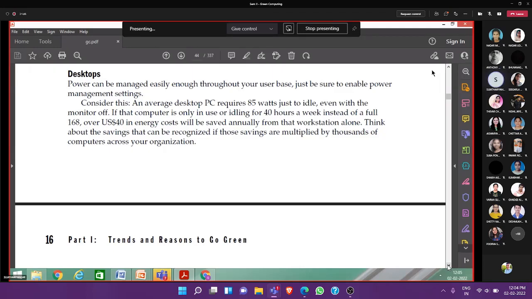So what they are saying is, just for idling the PCs, it takes 85 watts. What you can do is, whichever PC is not in use, you can idle it. By idling, you can reduce a lot of consumption.